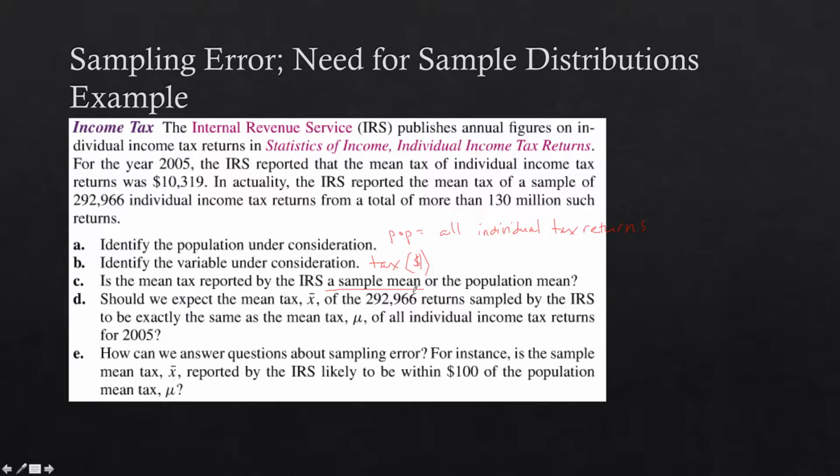So how can we answer questions about sampling error? For instance, is the sample mean tax, x bar, reported by the IRS likely to be within $100 of the mean tax mu? The quick answer is that in order to determine whether it's within $100, you would need to know the mean of all the possible samples.